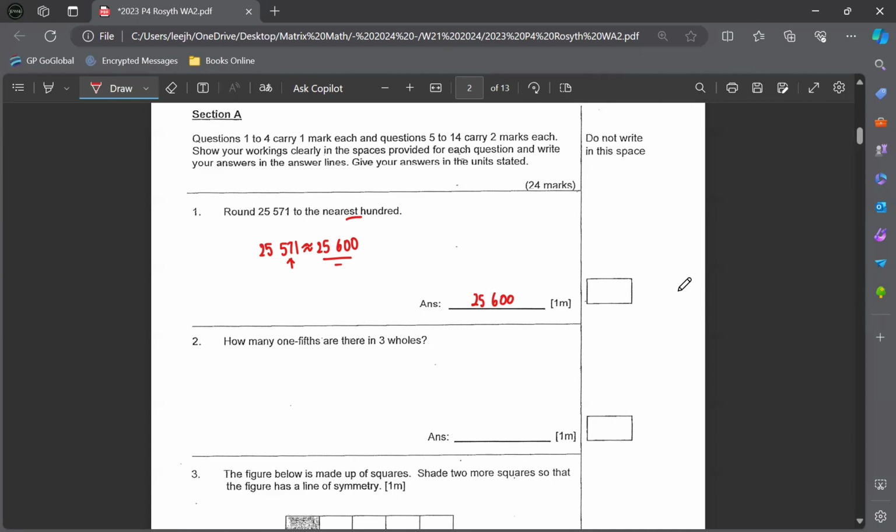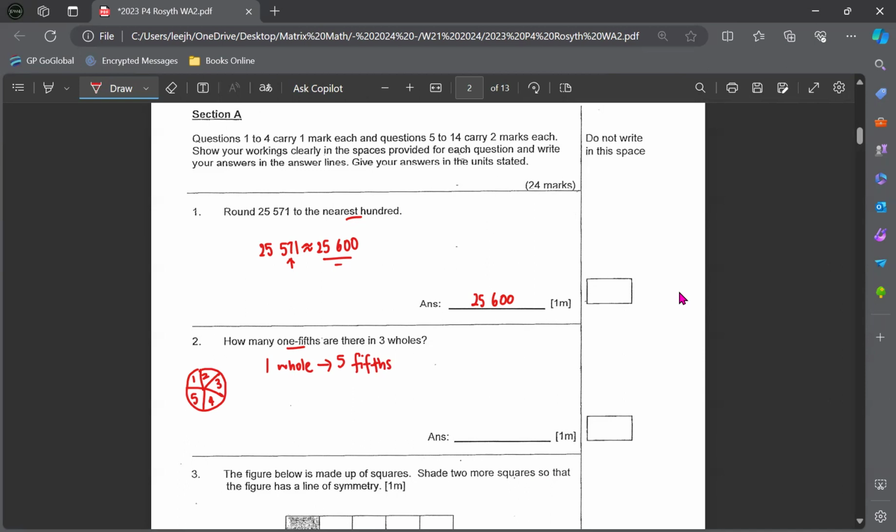Question number two. How many one-fifths are there in three wholes? One-fifth means that in one whole, I'm going to cut it into 5 parts: 1, 2, 3, 4, 5. All these will be one-fifth each. So in one whole, how many fifths are there? We can see there are 5 fifths.